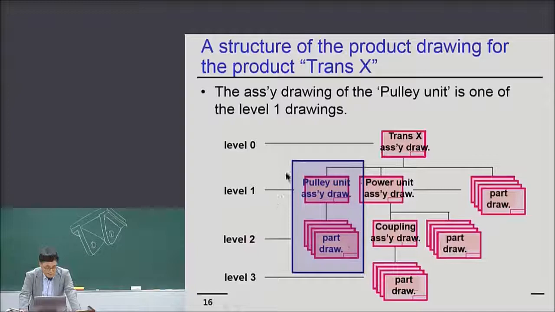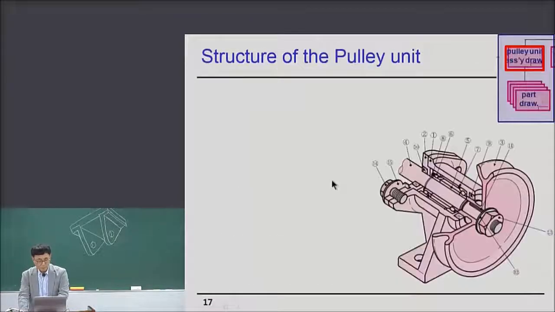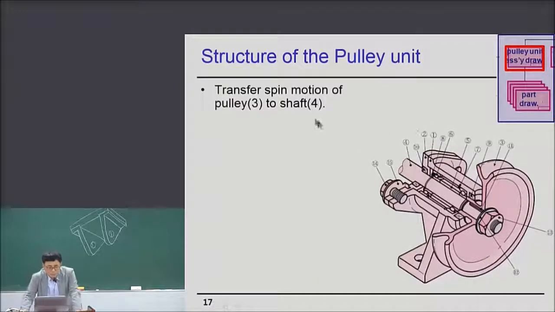Now I will give you one example of one assembly drawing and 4 parts drawings for the pulley unit assembly. I will show you the structure of the pulley unit here. The function of the pulley unit is to transfer the spinning motion of the pulley to the shaft.